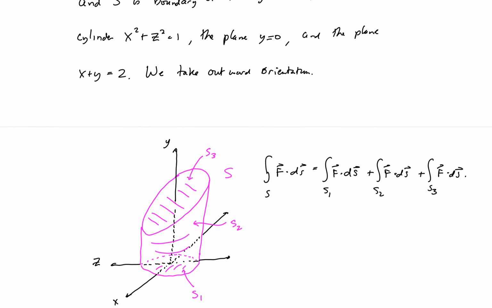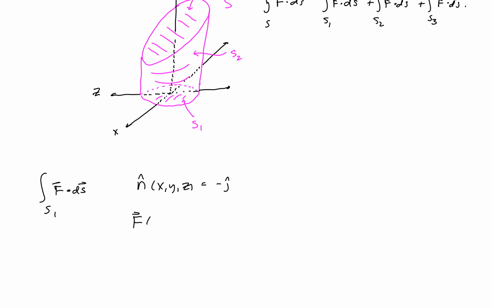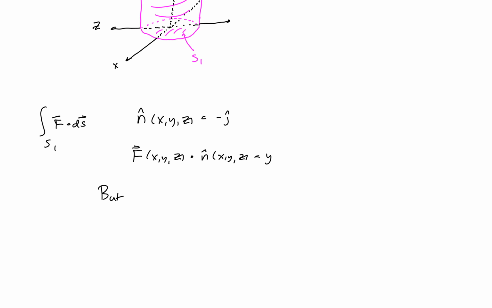And so if we look at our f here, f of xyz dotted with our unit normal is just y. But on S1, y is always 0. So on S1, we have f of xyz dotted with n hat of xyz is just 0. Well, obviously, if we integrate 0, we're just going to get 0. So our flux here is 0.